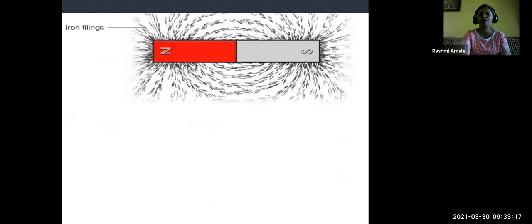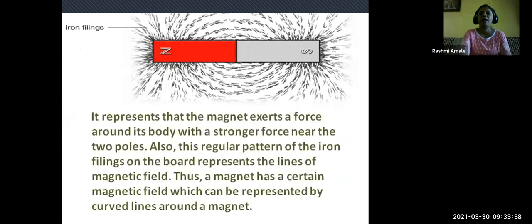See, this way the iron filings will arrange themselves. So these are curved lines. These are called lines of magnetic field. So we can say that a magnetic field exists around the magnet. It represents that the magnet exerts a force around its body, with a stronger force near the two poles.